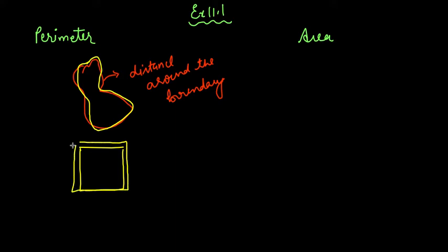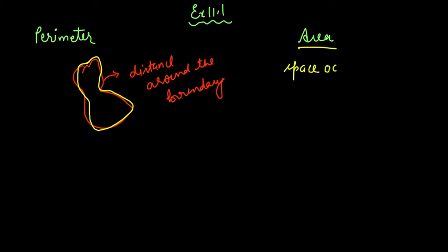So the total distance around the boundary is called the perimeter. Now if I say area, what is area? Area is the space occupied, or we say the region covered, right? So that's your area.